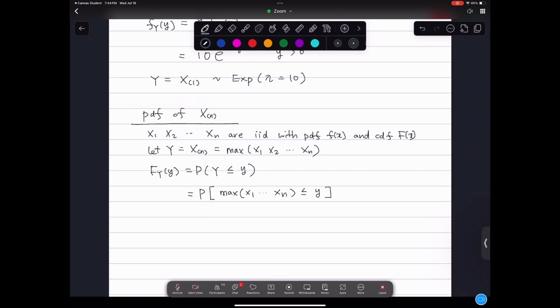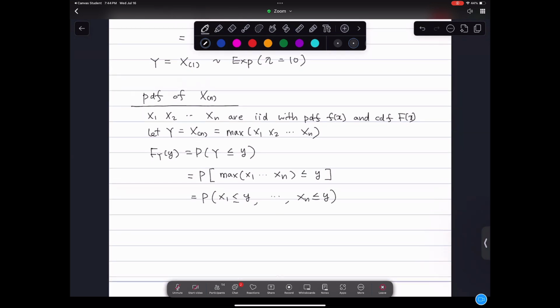If the largest of them is smaller than y, then everything else is smaller than y. So that's what it means. So it means that X1 is less than or equal to y, dot, dot, dot, Xn less than or equal to y. And they're independent, so I can separate them out into X1 less than or equal to y times dot, dot, dot, Xn less than or equal to y.